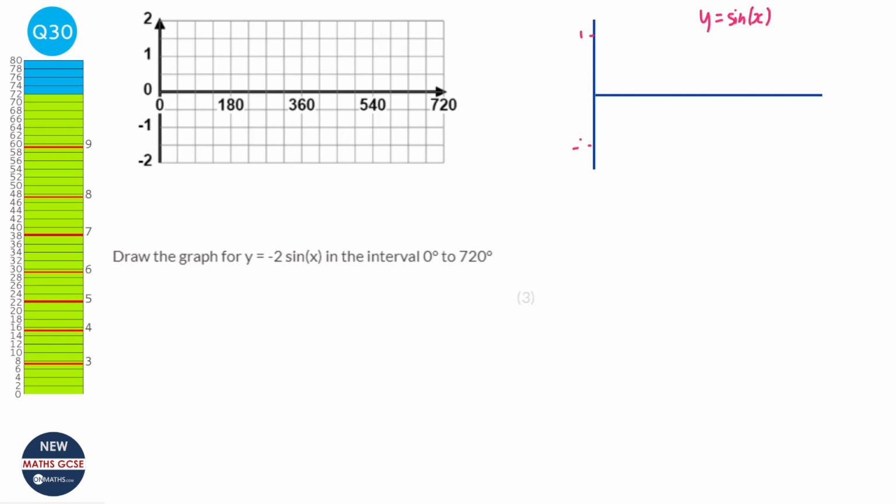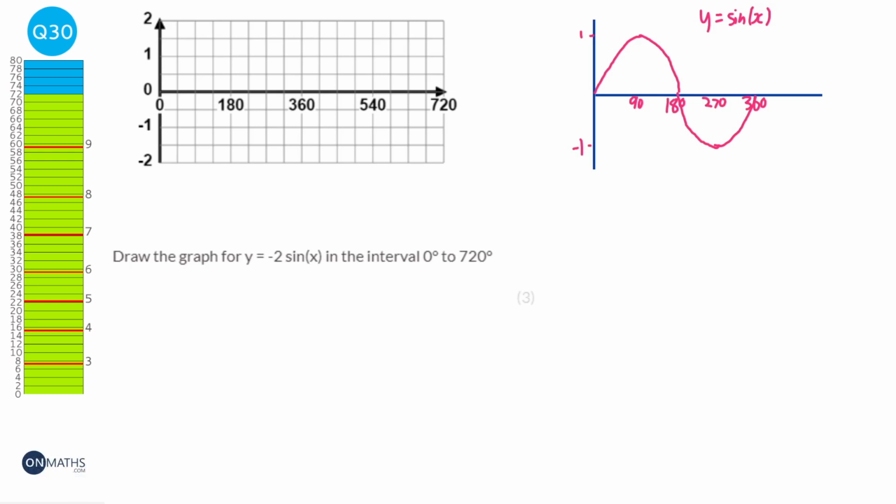If I write a -1, it goes up first of all at 90, goes back down at 180, down to -1 at 270, and then back up at 360. So it's just a simple sketch to help us figure out what's going on with the transformed one.